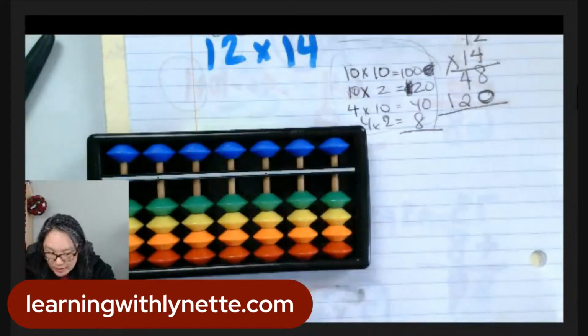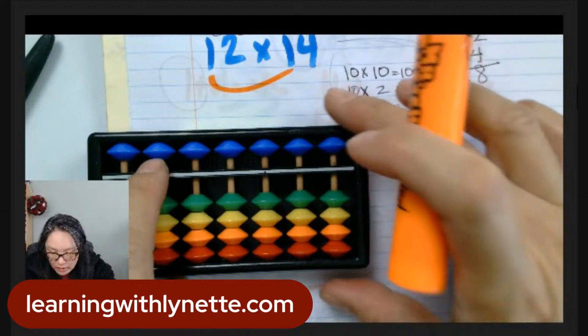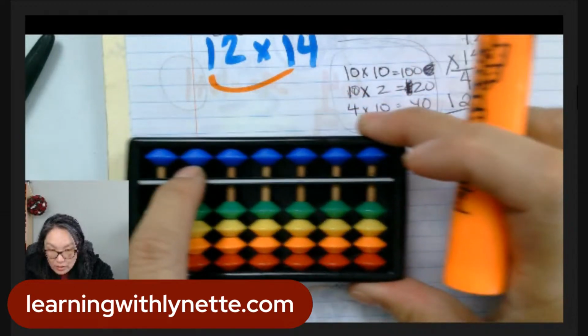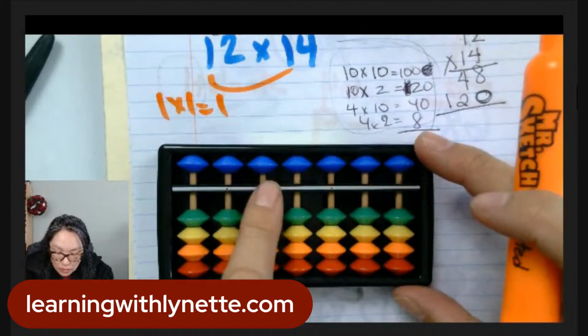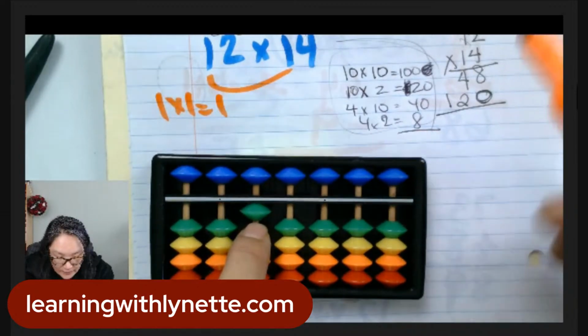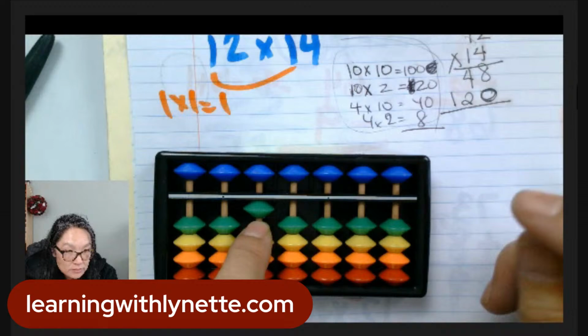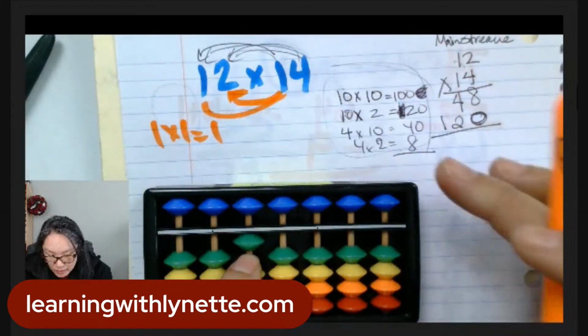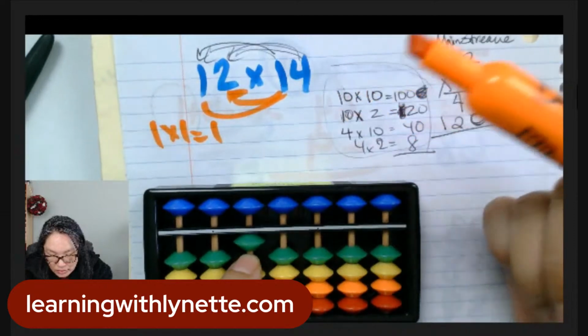In abacus, we do 1 times 1 is 1. We know we're going to be here because 1 times 1 is a 1 digit. So I add my 1 here. And then I do 2 times 1, but it's not 2 times 1, it's 10 times 2.